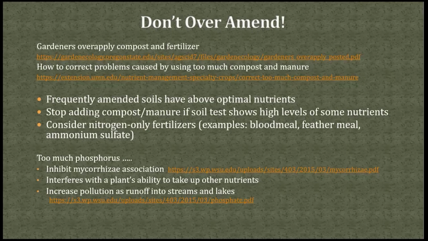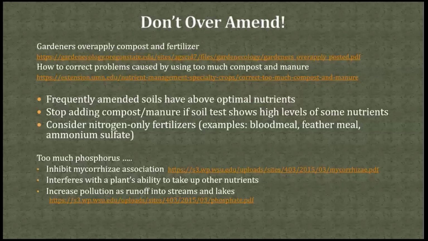So if that is the case for your garden soil, you should stop adding compost and manure, and you only use fertilizer as needed. And that means only if your plants are not growing well.